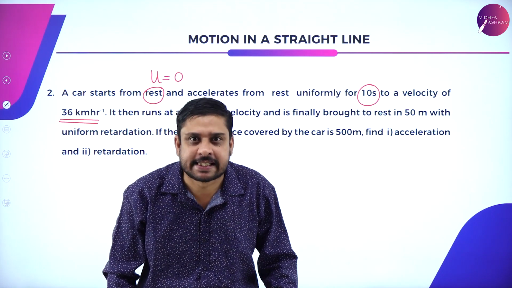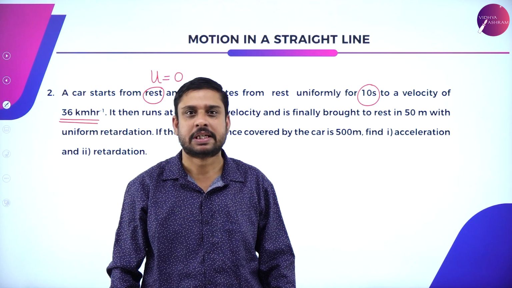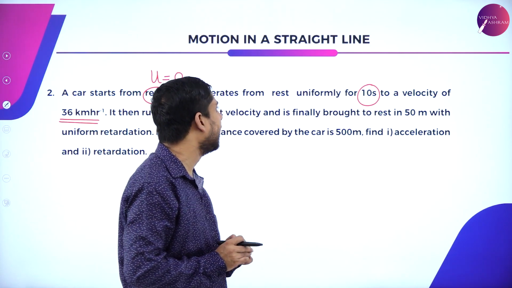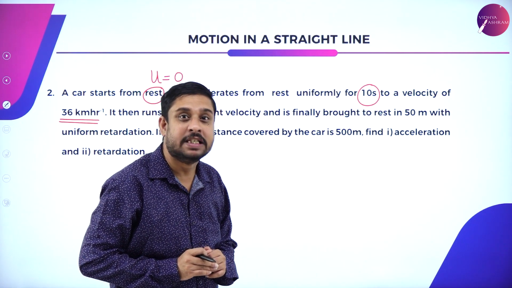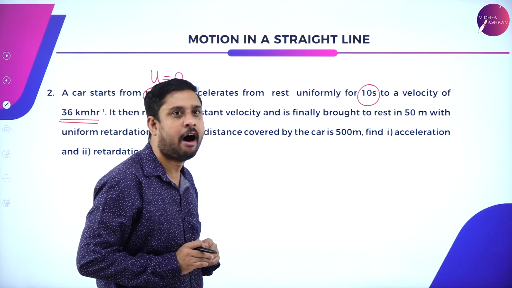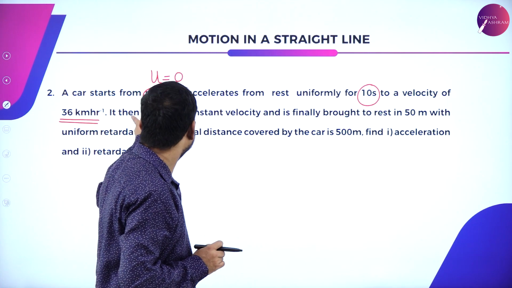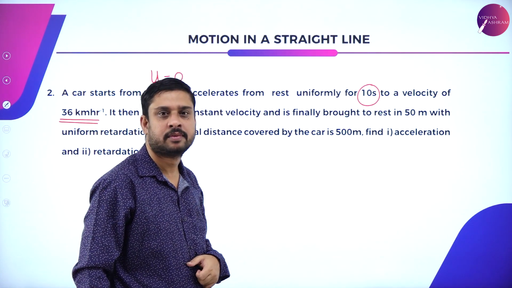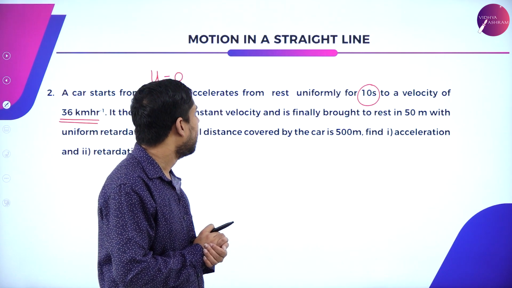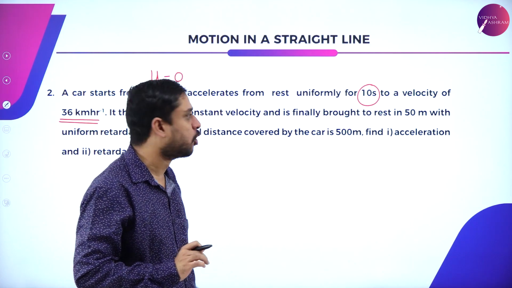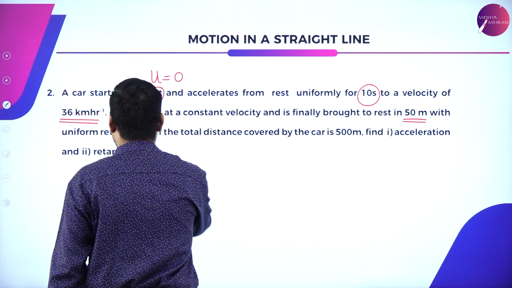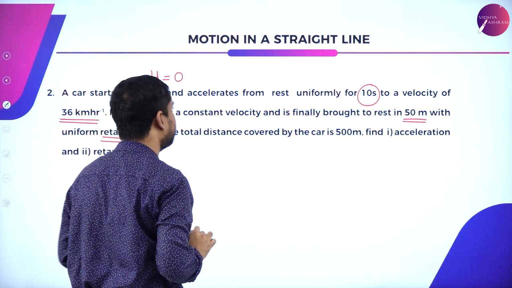Initial velocity is 0 and accelerates for 10 seconds with a velocity of 36 kilometers per hour. It then runs at a constant velocity and is finally brought to rest in 50 meters with uniform retardation.